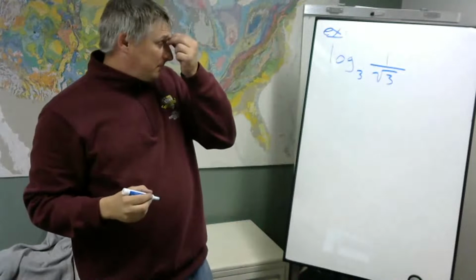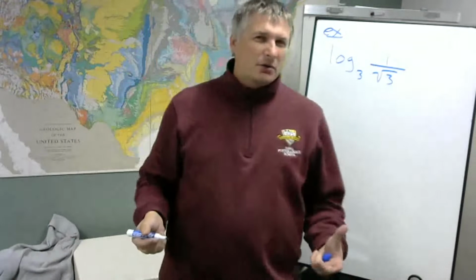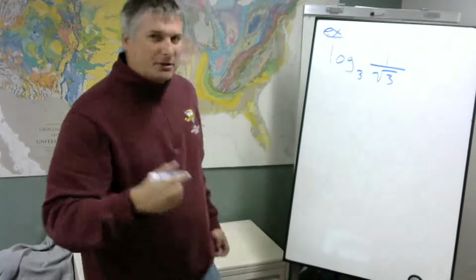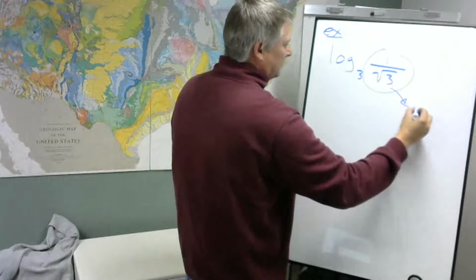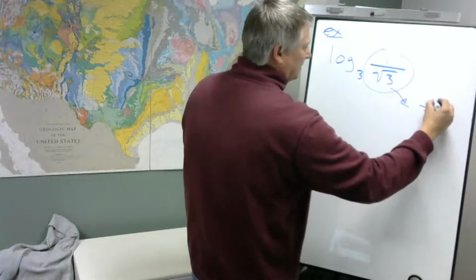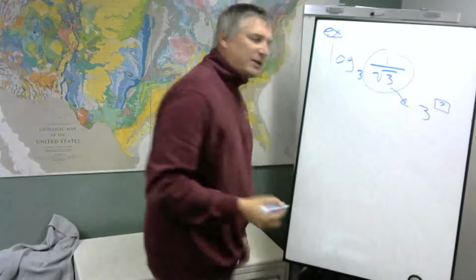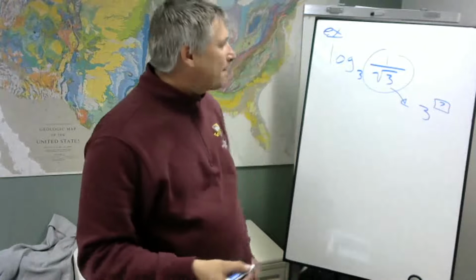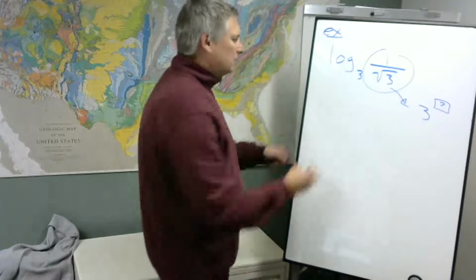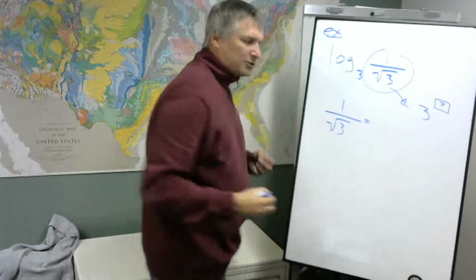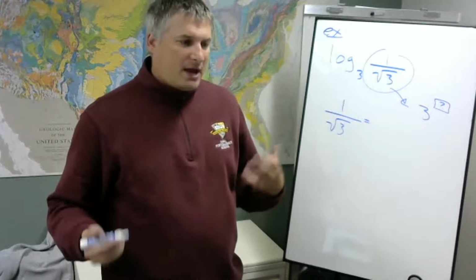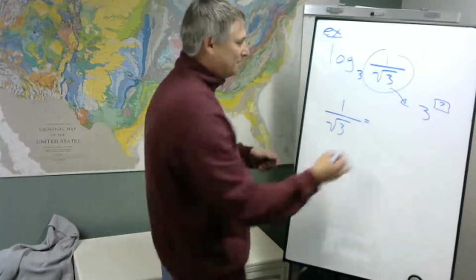Well, let's simplify this. Let's try to turn this into an exponential function. Is there some way we can turn this into 3 with an exponent of some number? Well, 1 over square root 3. Remember, square roots are just exponents of 1/2.